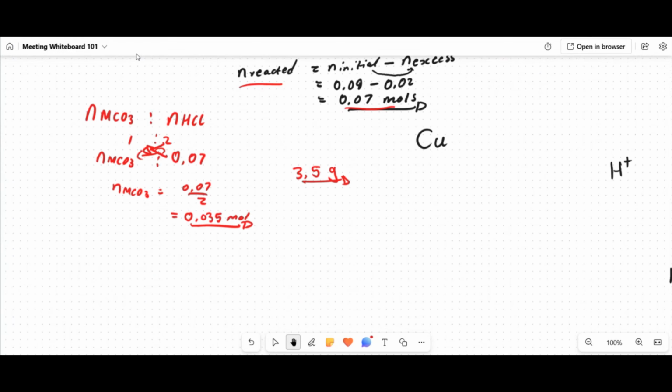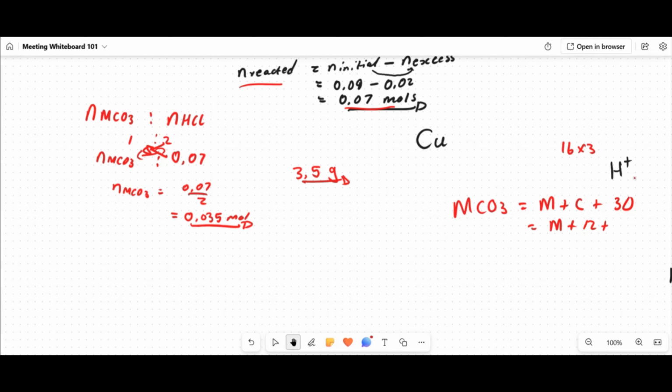So I know that MCO3 is made up of the metal plus carbon plus three oxygens. The molar mass of the metal is just M, I don't know it. Then carbon is 12. And then oxygen, there are three of them, so it's 16 multiplied by 3.